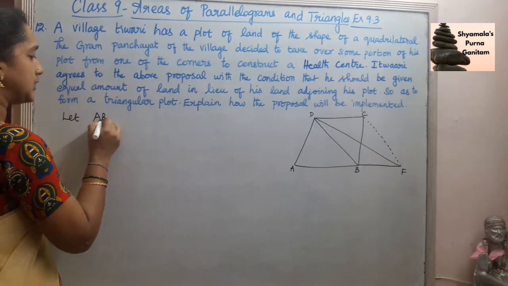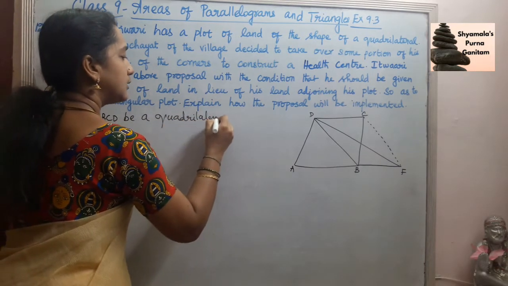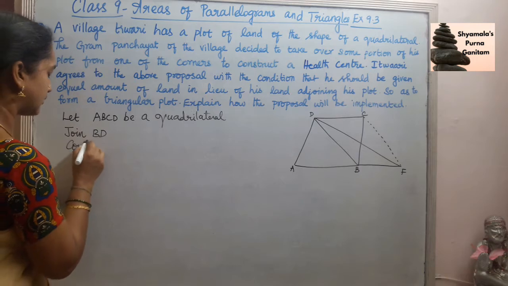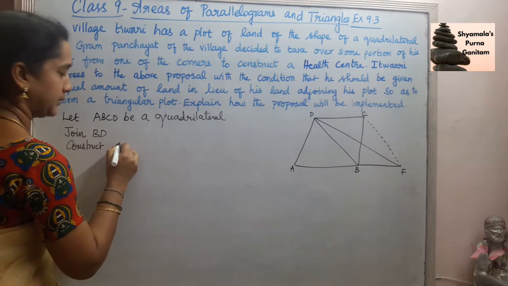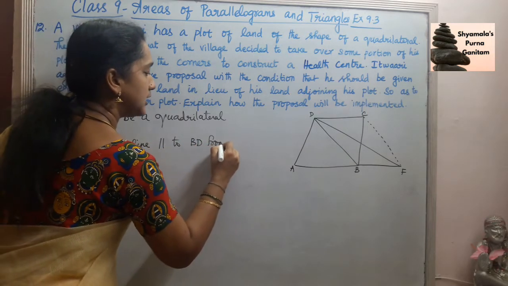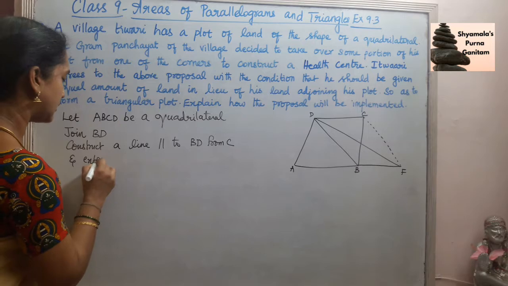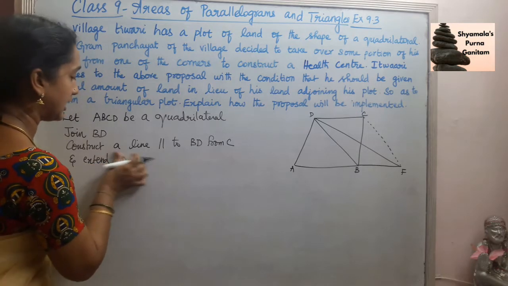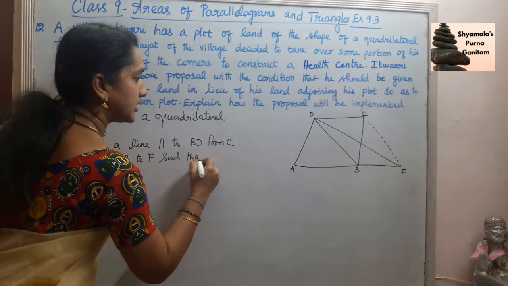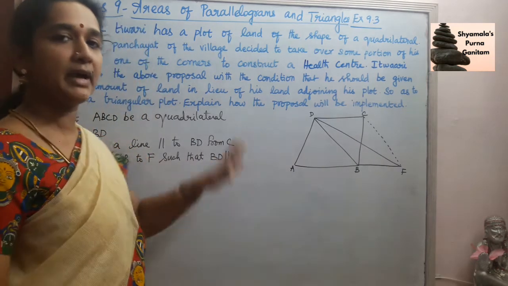Let ABCD be a quadrilateral. Join BD. Construct a line parallel to BD from C and extend AB to F such that BD is parallel to FC.